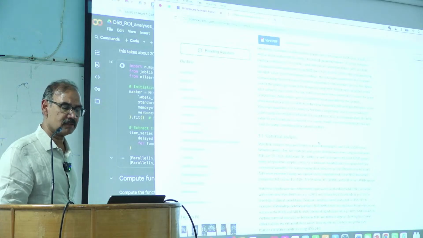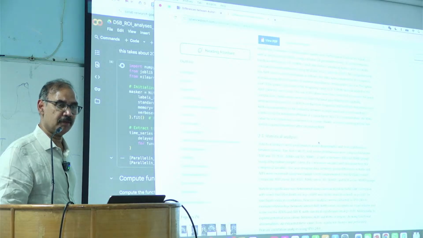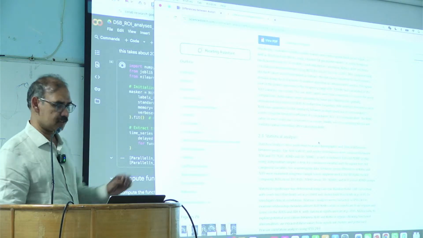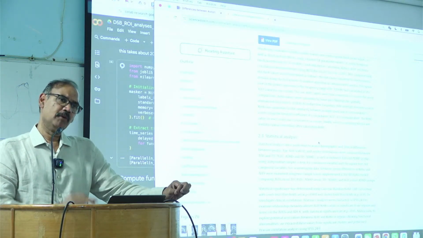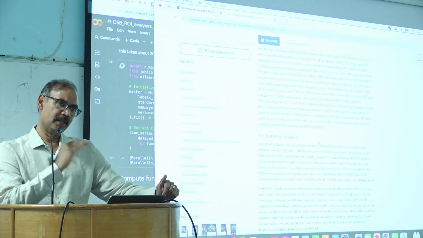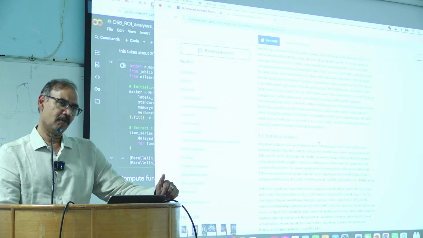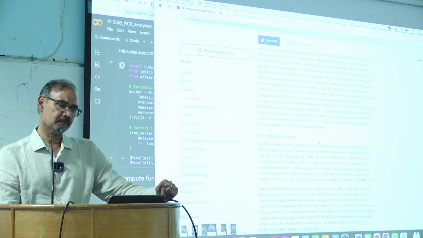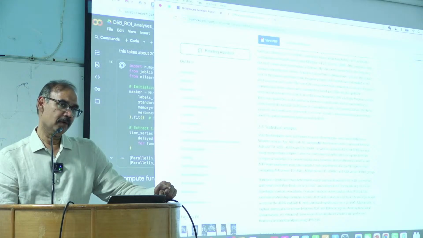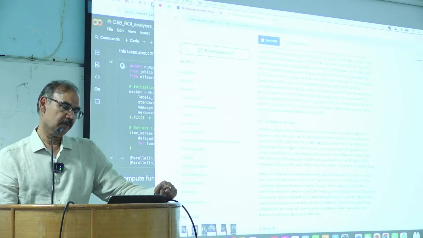So that is also fairly straightforward to use. But the biggest difficulty in using that software is that you have to organize the data in a very specific way, like the way we have organized the data here. So if you can do that, maybe it would be okay for you to do.